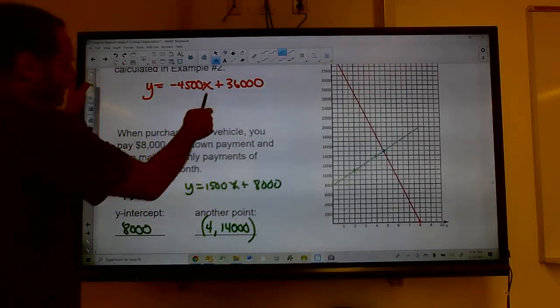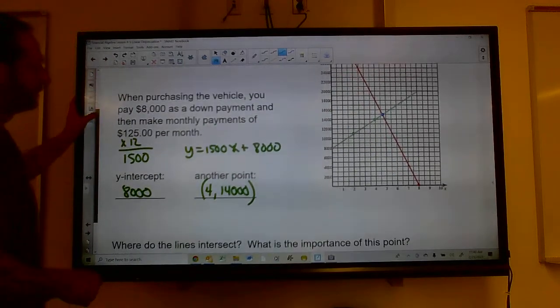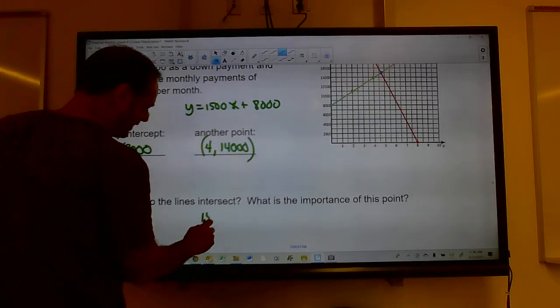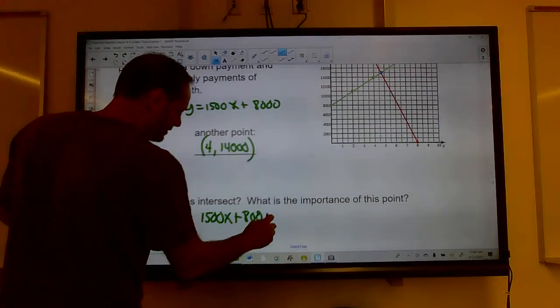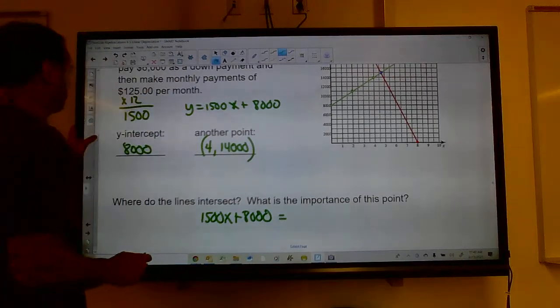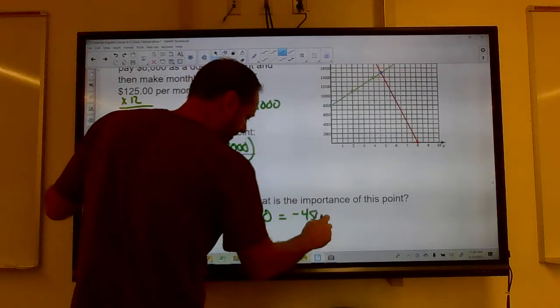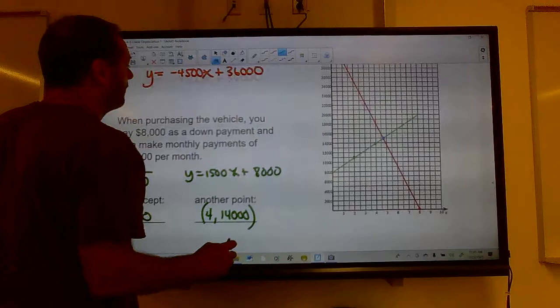So y is equal to this, but y is also equal to that. Set those two things equal. So 1,500x plus 8,000 is going to equal negative 4,500x plus 36,000.